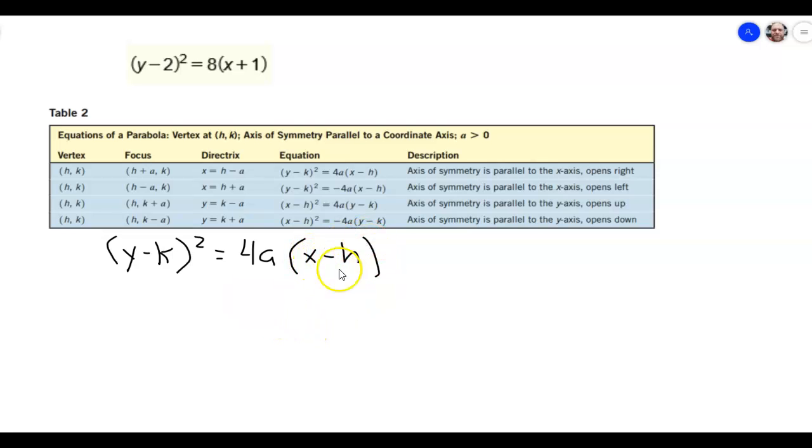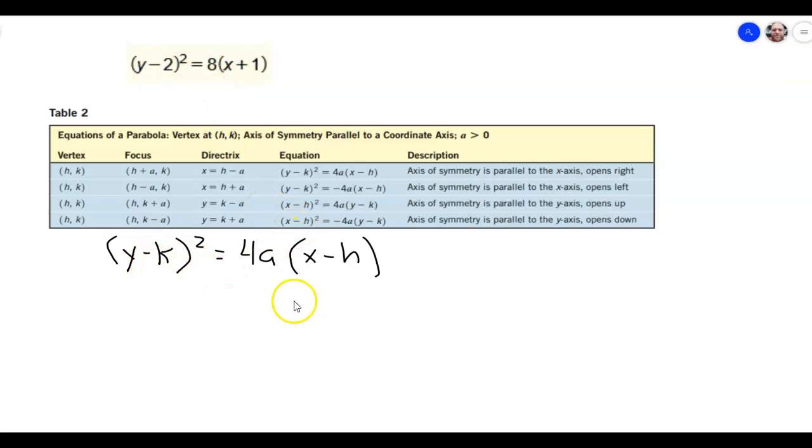Let's start solving for these things. They give us a really easy way to find the vertex, the focus, and the directrix. The vertex is (h, k). Notice that the formula has a minus in front, so I have to take the opposite sign of whatever's up here.